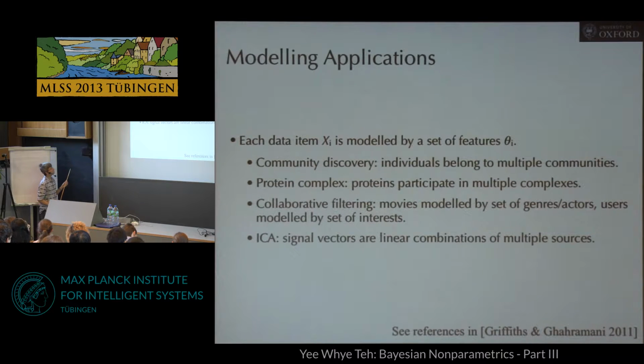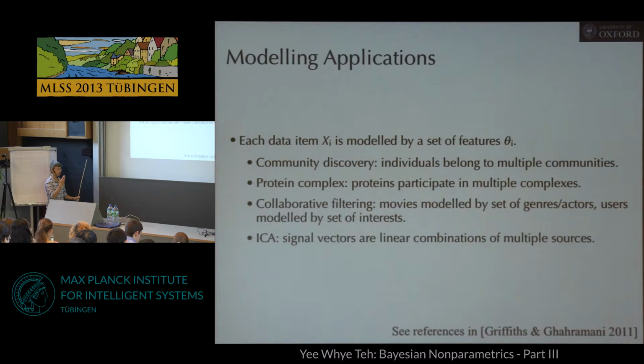So there's also been work on collaborative filtering, where we model movies using a set of features. I don't think they have found whether some of the features actually correspond to genres or actors or not, but we model each movie using a finite set of features, and similarly users are also modeled by a set of interests.